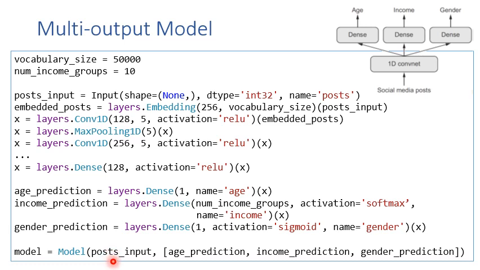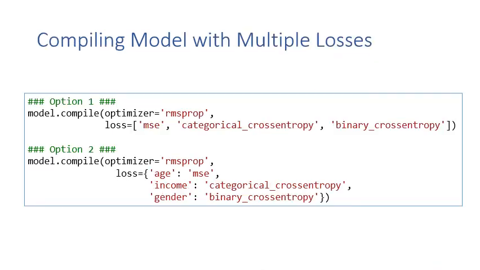Finally, we create the model by passing the post tensor, the input tensor, and the 3 output tensors, the age prediction, the income prediction, and the gender prediction. Because we have different types of tensors, we need to use different loss functions.